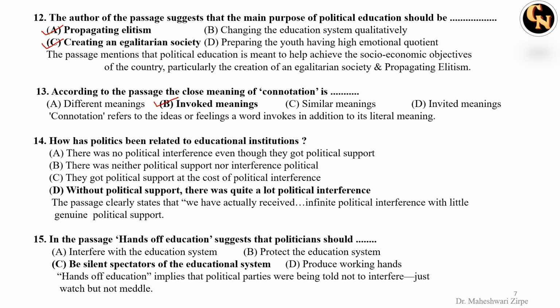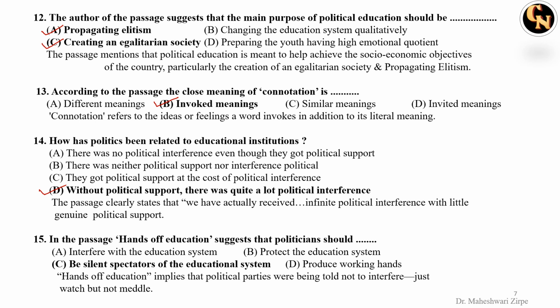The paragraph clearly tells that we have actually received infinite political interference with a little genuine political support. So here, without political support, there is quite a lot of political interference. So option D is correct.